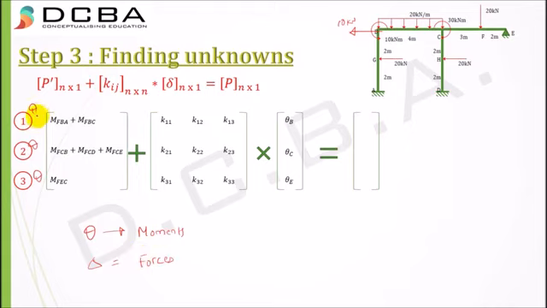Since our first unknown is a theta, and theta is always associated with moment, you will not consider this force here. The only thing that should be considered is a moment, and here the direction of the moment is anti-clockwise. So it would be minus 10 kilonewton meter.